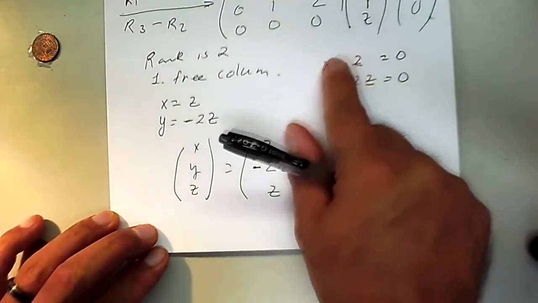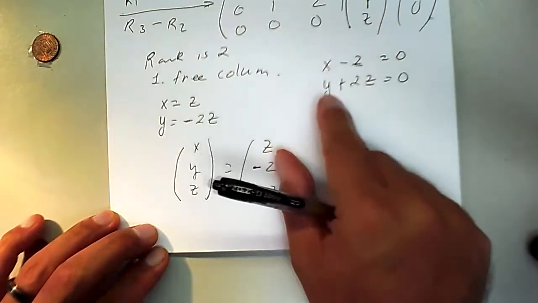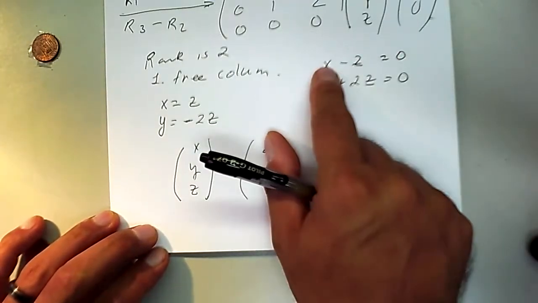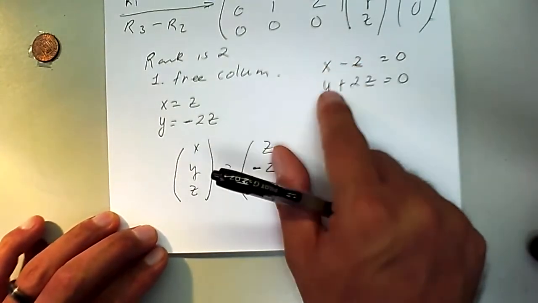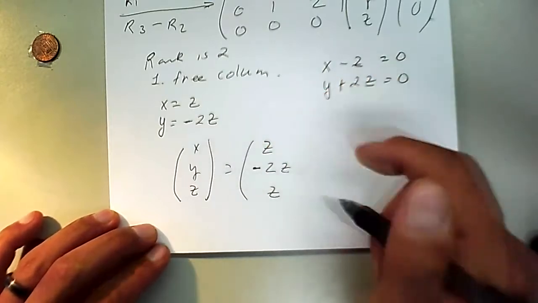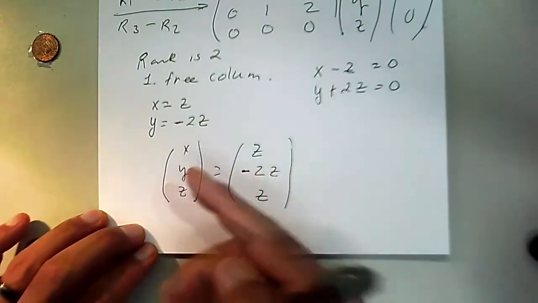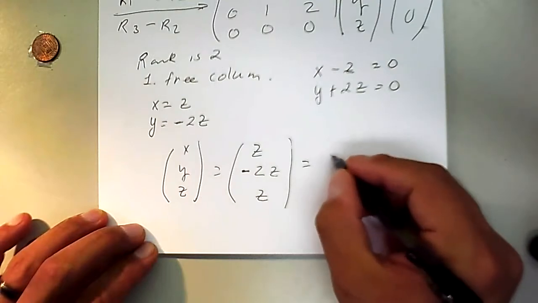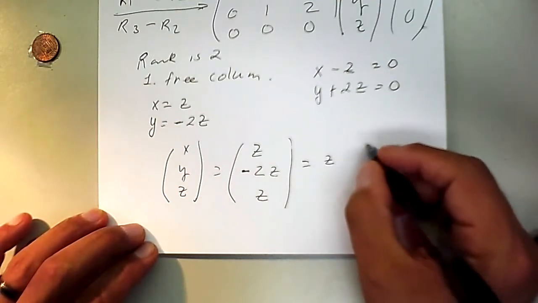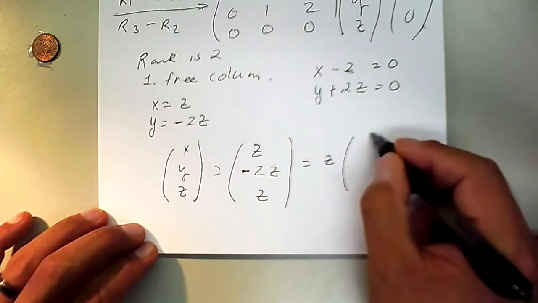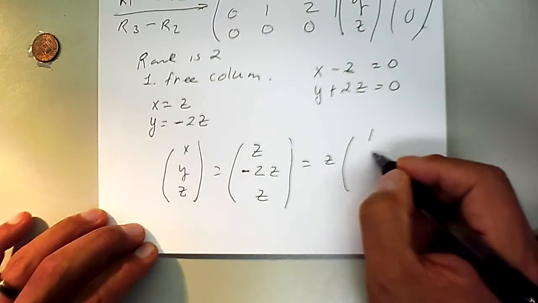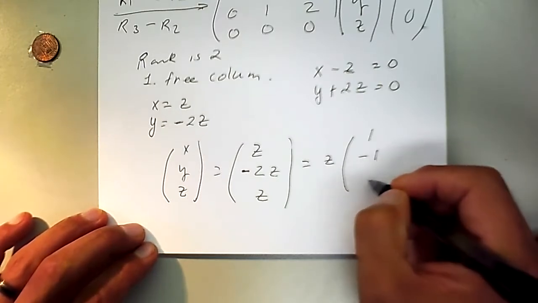So there's no restriction. This doesn't bound z to anything. It bounds x and y because we're claiming that z can be anything, but it doesn't bound z itself. So z can be itself. Now, if we factor out the z, then we have the vector 1, negative 1, 1.